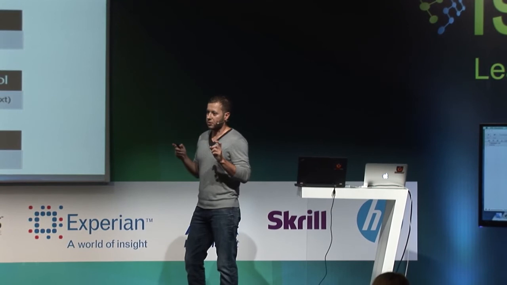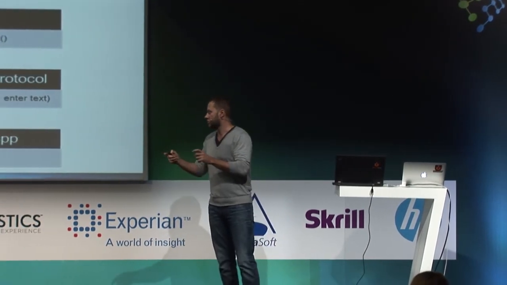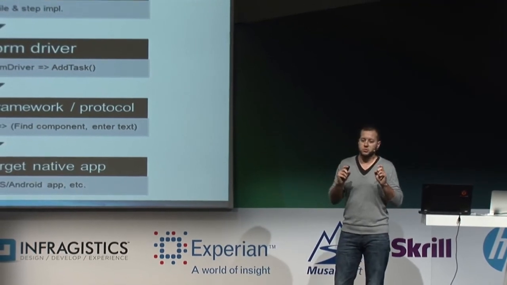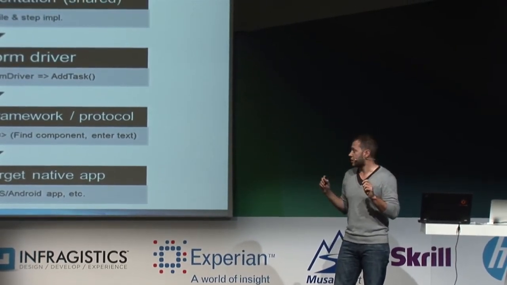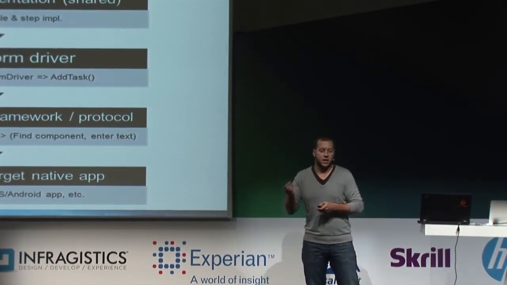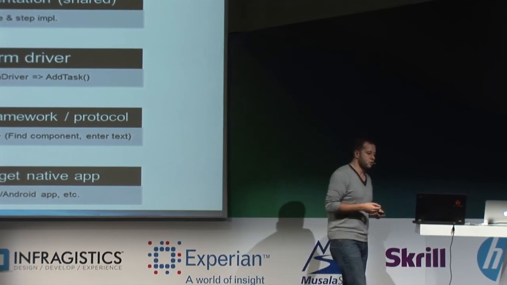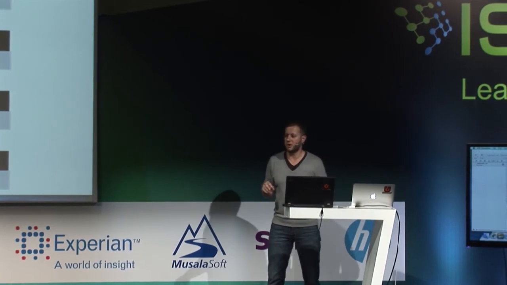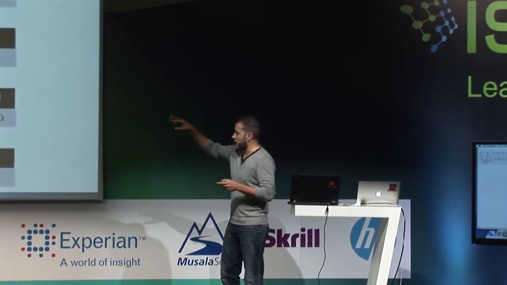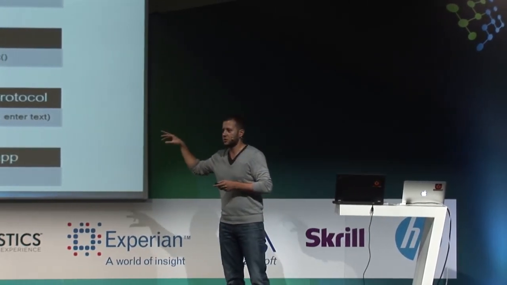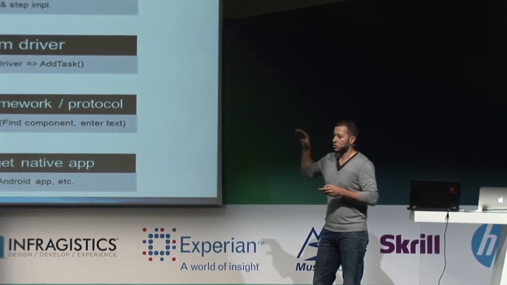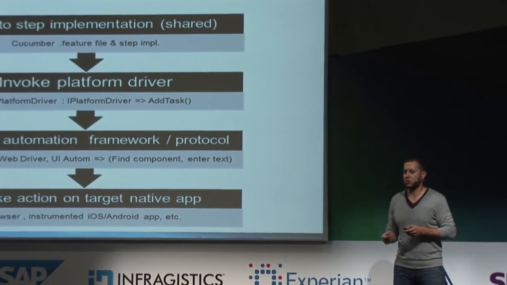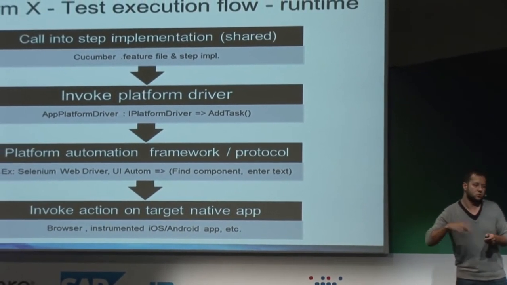And then this framework, on the actual device or in the browser, invokes something specific. So the WebDriver part in the browser may actually call some native browser API, or the UI instrumentation framework in WPF may try to find this element on the screen using system accessibility, and it will invoke the native action which corresponds to clicking a button or touching some element or swiping or whatever.